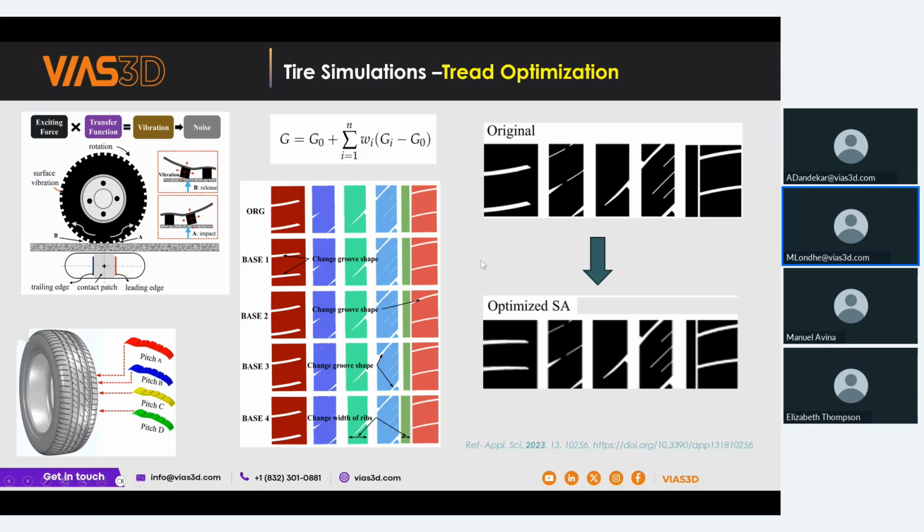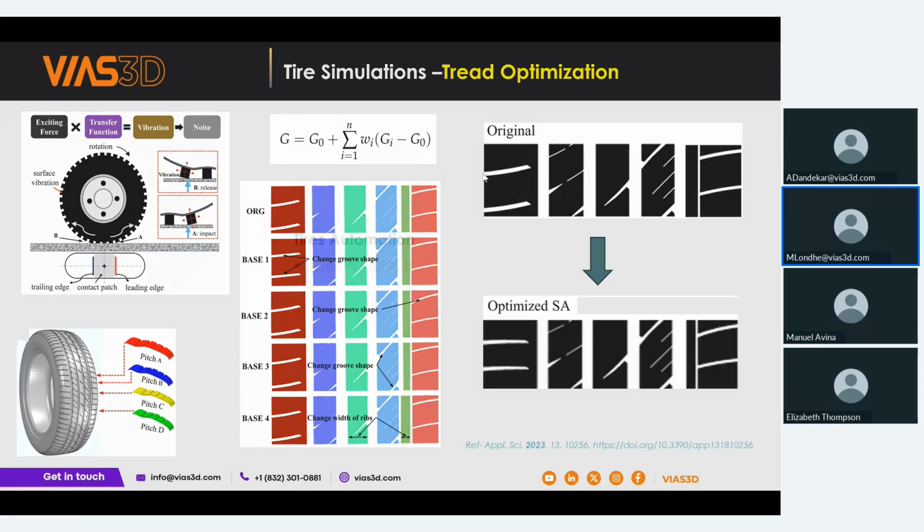Here, if you see, there is a slight change in the lateral groove patterns in the left region and the right region. This is the optimized tread pattern, which is responsible for maybe 5 to 10 dB noise reduction. Such simulations are now gaining great popularity in the tire industries.